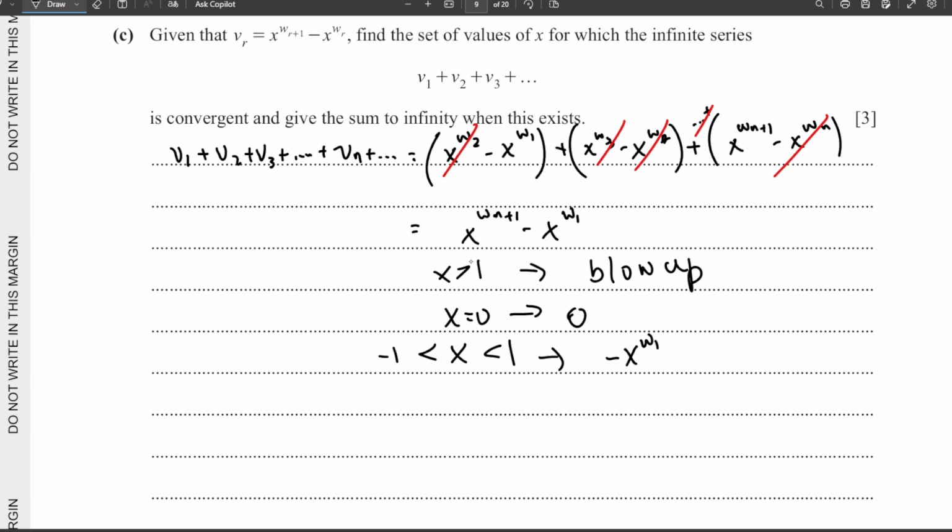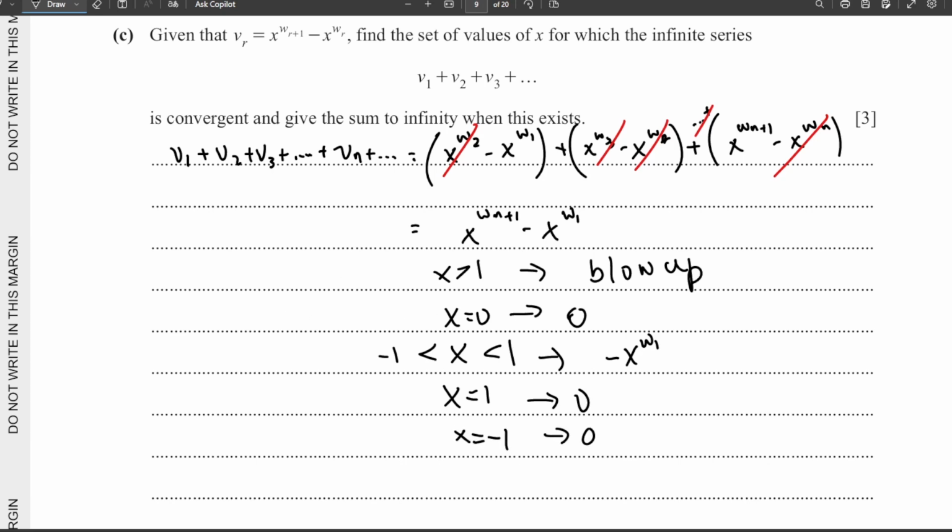So when x is in between these two values, this first term goes to a very small, insignificant number, where the only significant term will be x to the power W1. Let me think, what else? When x equals 1, it will be 0 also. Same with x equals -1, that will go to 0 also.